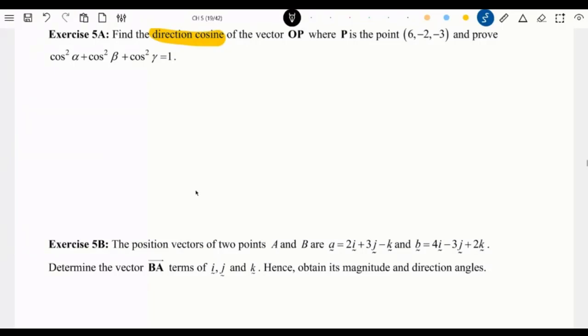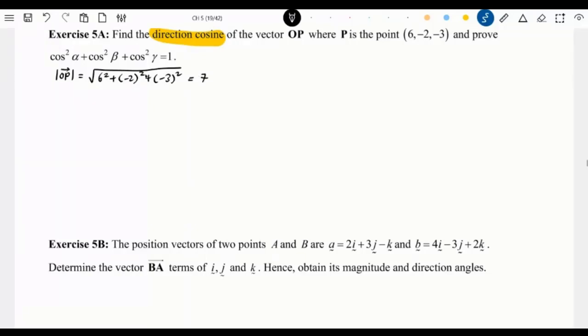Okay, so find the magnitude for P, which is magnitude OP. So it's gonna be square root of 6 square. So end up we gonna have the value which is berapa kita dapat? 7. Okay. So magnitude dah dapat.